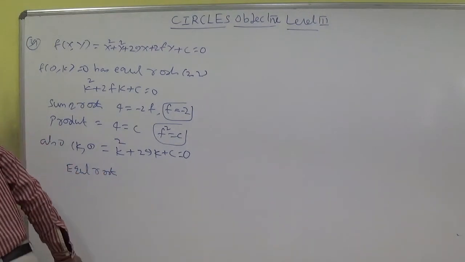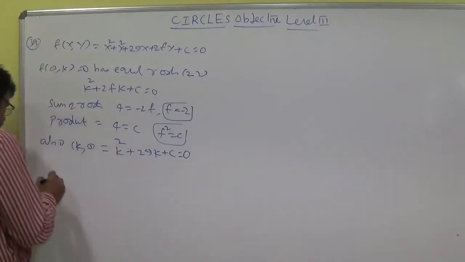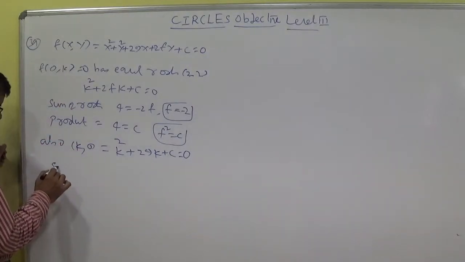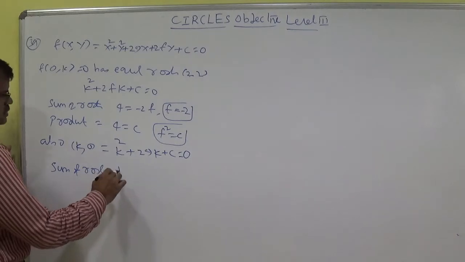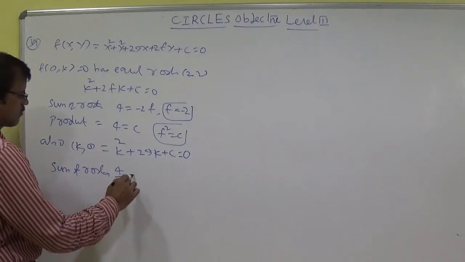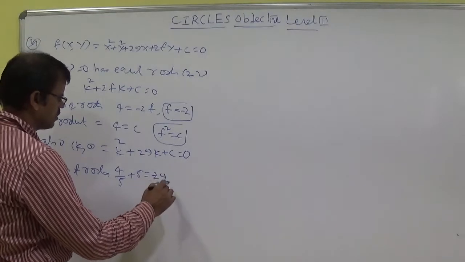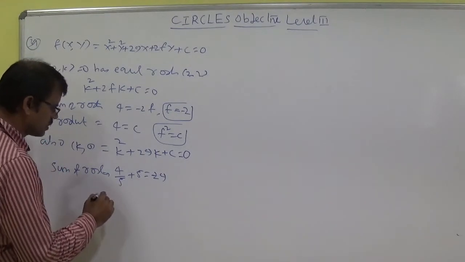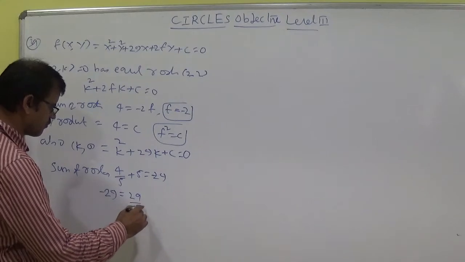Here the roots are not equal. Roots given as 4 by 5 comma 5. Sum of roots according to the question: 4 by 5 plus 5 is equal to minus 2g. 5 5s are 25, so minus 2g is equal to 29 by 5.